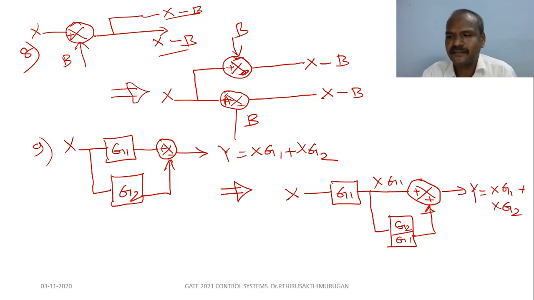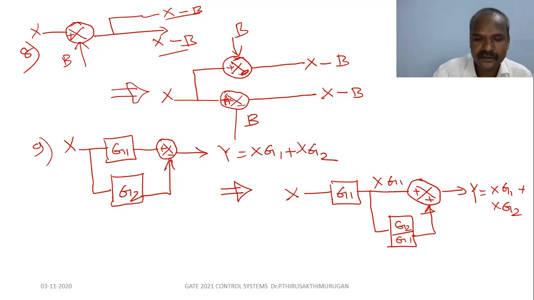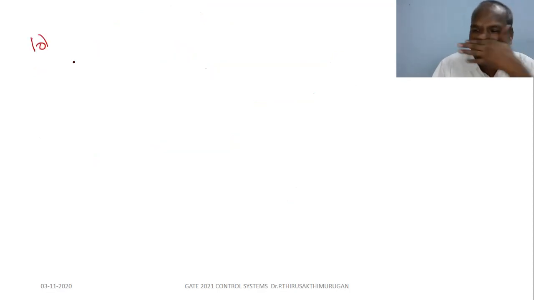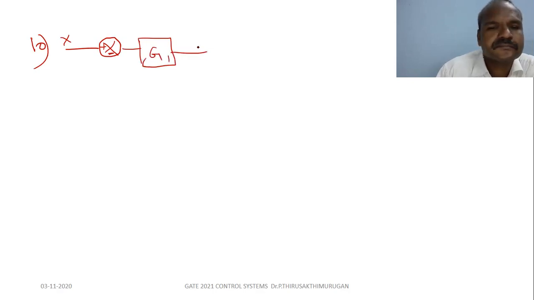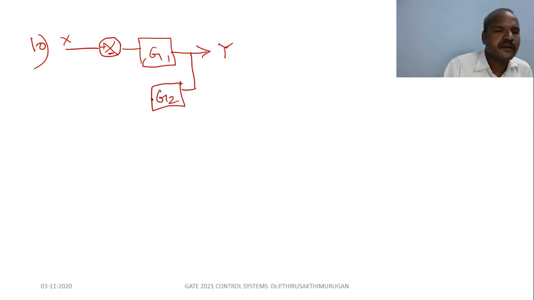Another is the feedback loop. This we have already seen. The 10th: X, plus minus, negative feedback, G1, Y. Okay, so G2 connected like this.